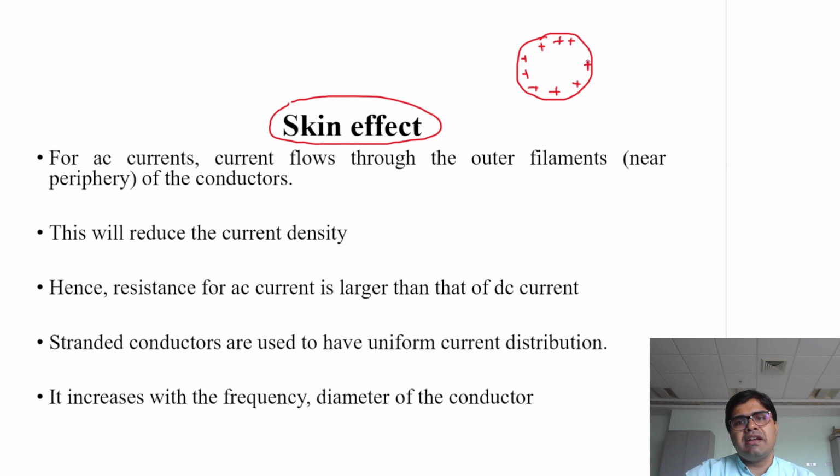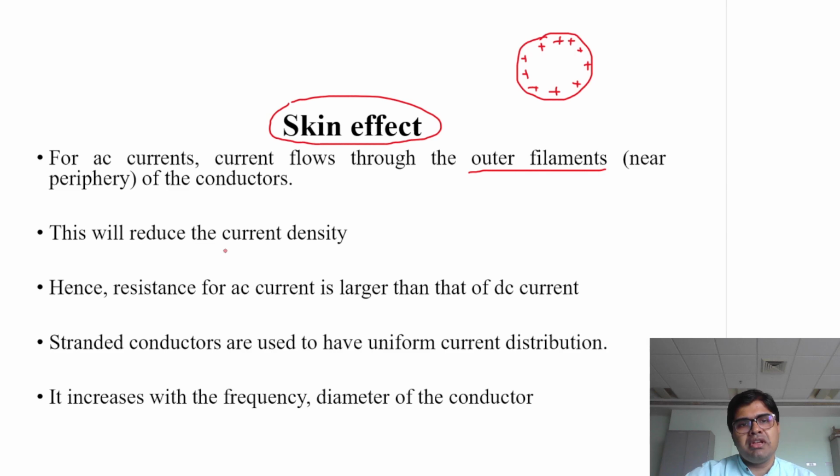So the current has a tendency to come outside and flow through the periphery of the conductor. Since the current is flowing through the skin of the conductor, that effect is called skin effect. So it has a tendency to flow to the outer filaments.